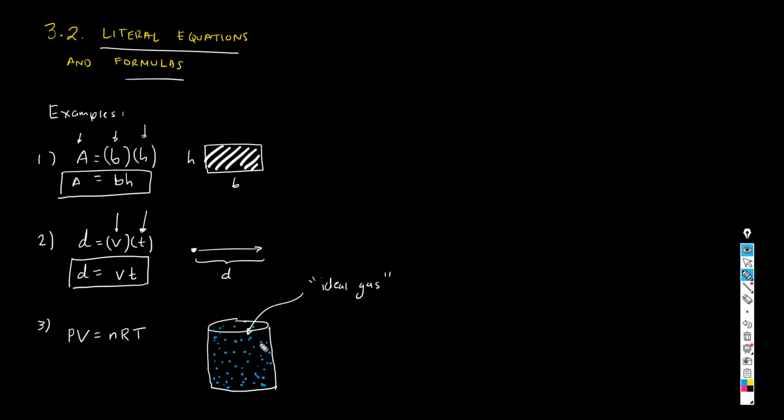Then we can measure all the following quantities. We can measure the pressure inside this cylinder, the volume of this whole cylinder, and n is the number of molecules of gas inside the cylinder. R is a special constant, a very special number, and T is the temperature inside the cylinder.